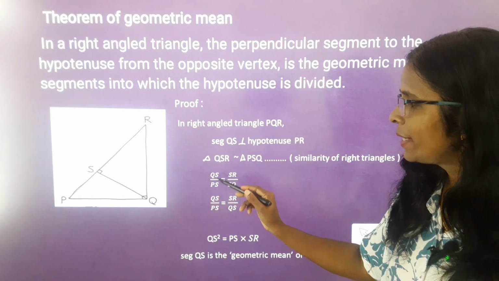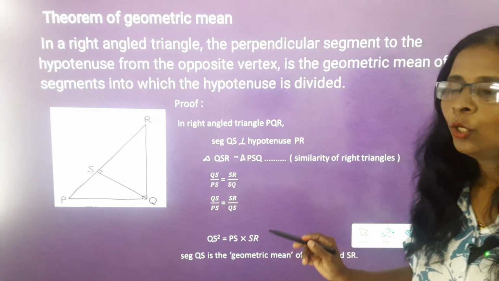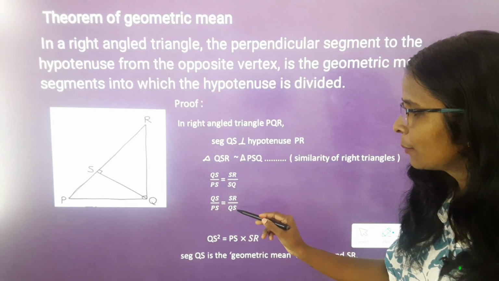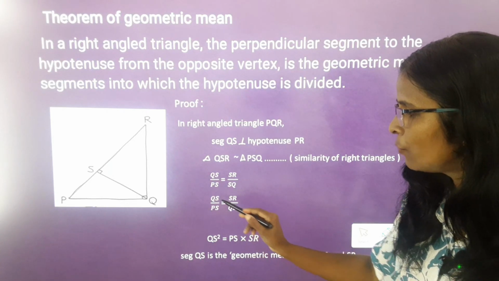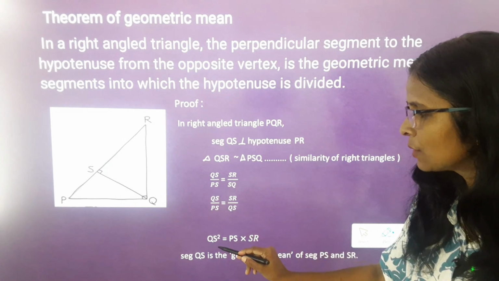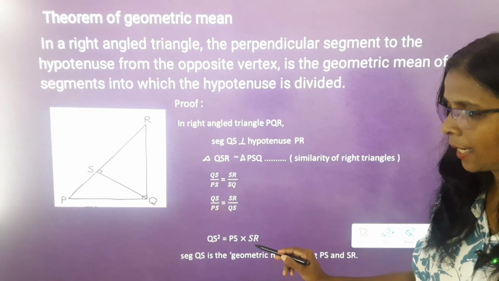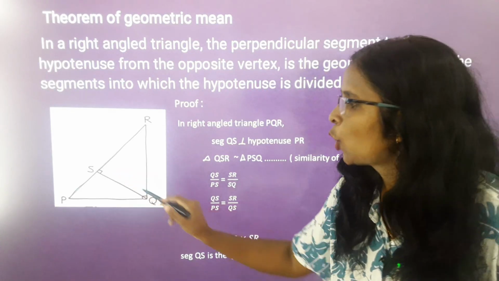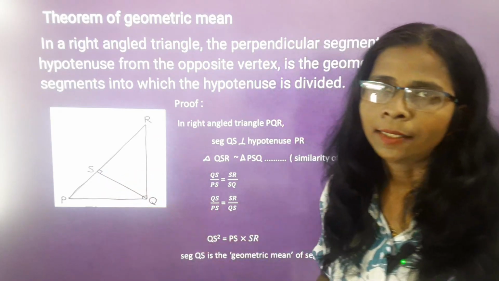So QS upon PS is equal to SR upon QS. Okay, cross multiplication: QS into QS, that is QS square, is equal to PS multiplied by SR. So that means QS is the geometric mean of PS and RS.